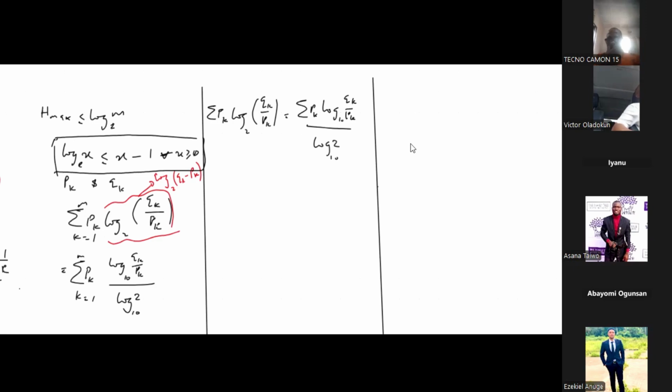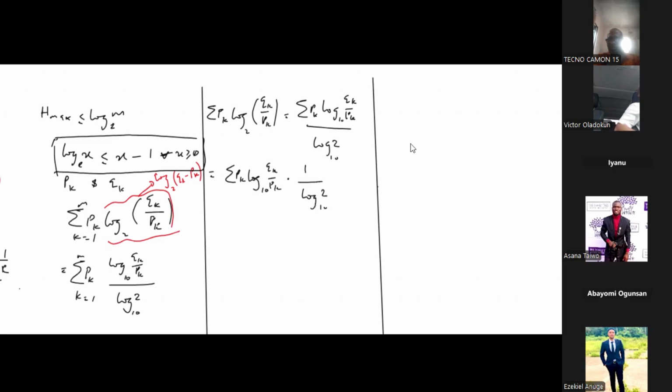And now I can also scale this parameter and still be writing the same thing. Now I want you to observe how I will scale this parameter. But before scaling, this is also the same as saying sigma, recall, this is equal to this: P sub K log base 10 Q sub K over P sub K times 1 over log 2 base 10, right?